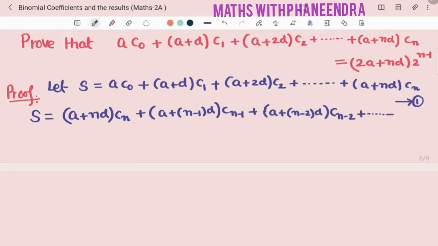At last we have a C0. You put that as equation 2, you leave it like this.